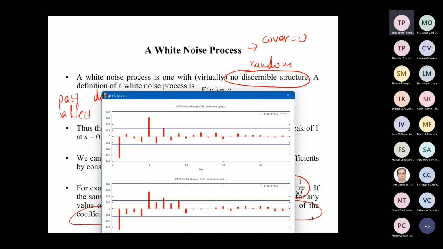So the white noise process can help us create a confidence interval of insignificant autocorrelation. Everything that is inside the blue bound is not significant. Everything that is outside is significant.